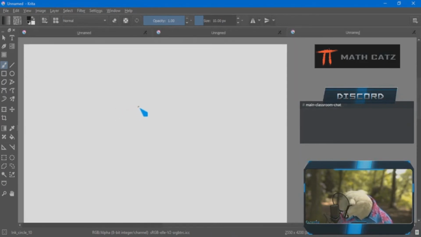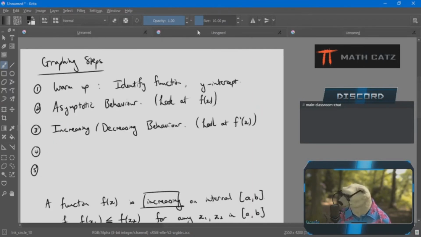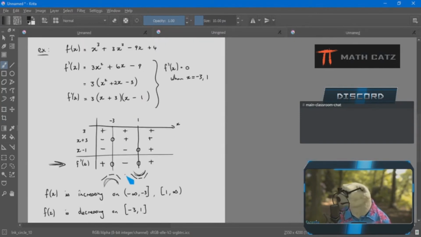So if I set this up, at this stage, if I wanted to graph, I would have the information from step 2, which is, oopsie, not that one, 4 for the y-intercept. Maybe 4 sits over there. That's the information I would have coming out of step 2. Now I have some more information.